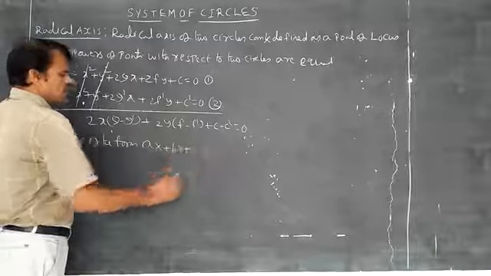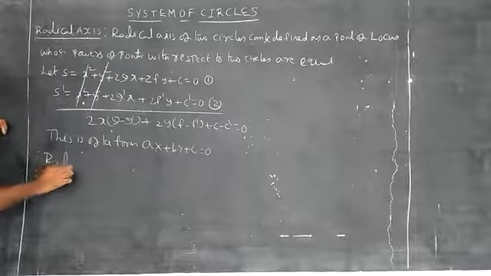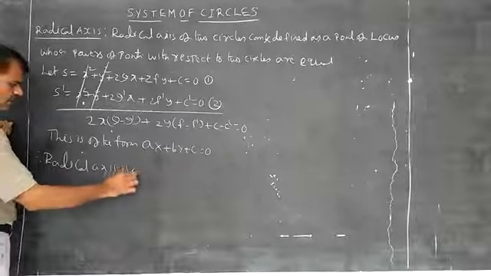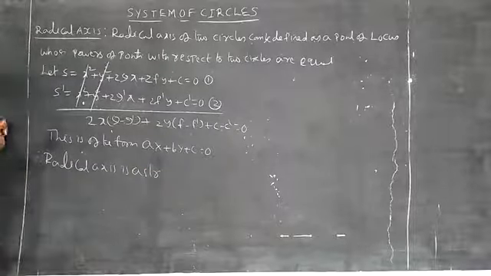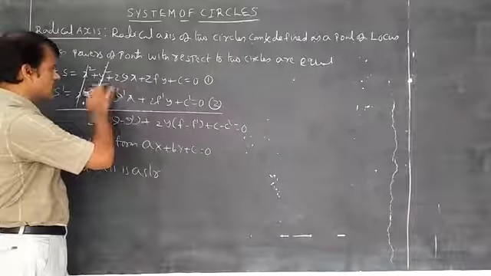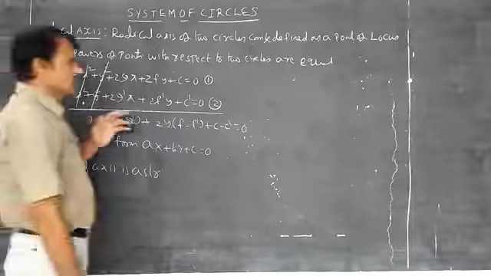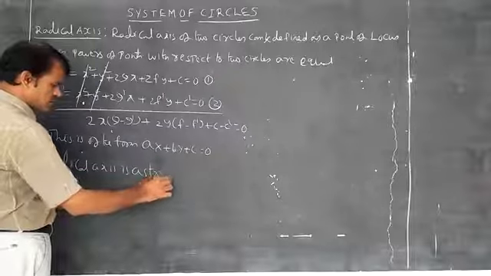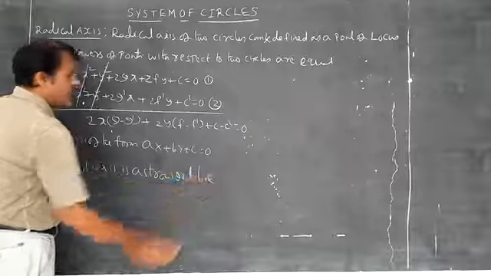Therefore, the radical axis is a straight line. Whenever powers of points with respect to two circles are equal, we calculate using first circle minus second circle, which gives the locus. The radical axis is a straight line.